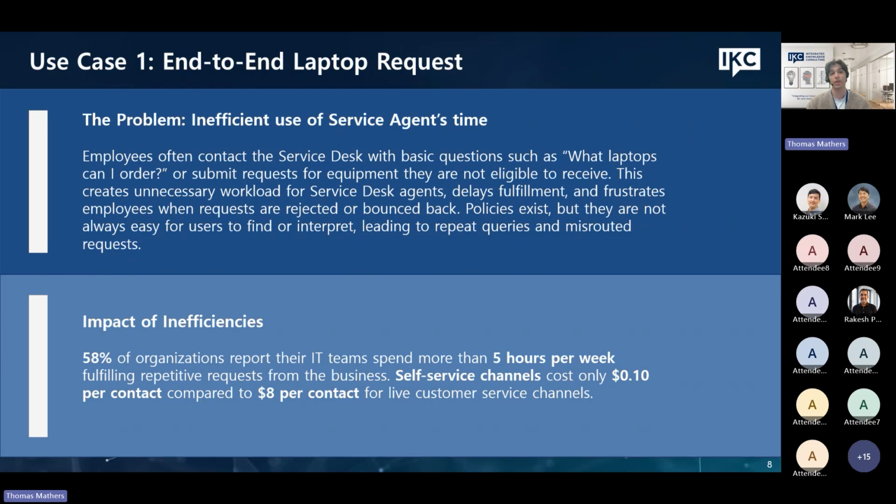They ask questions. They might even raise an incident. They could just submit a request without all the correct information, hoping that it magically gets solved. And this just puts additional work on the service agent. It ends up being an inefficient use of the service agent's time because they end up having to answer repetitive questions, or take requests that don't have the right information and then go back and ask the user questions.